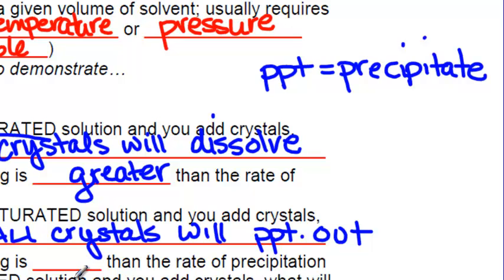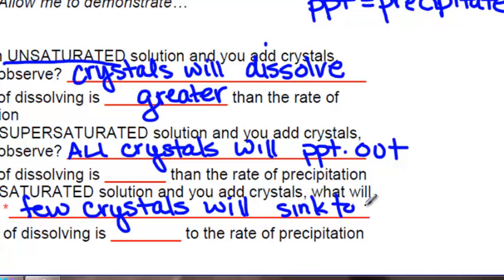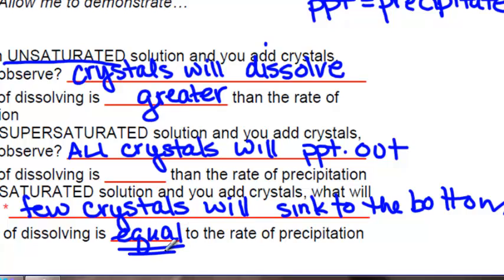If you have a saturated solution and you add crystals, what will you observe? Well, if it's saturated, most of the crystals will dissolve, and then a few crystals will sink to the bottom. The rate of dissolving is equal to the rate of precipitation.